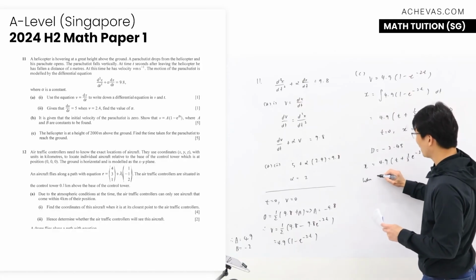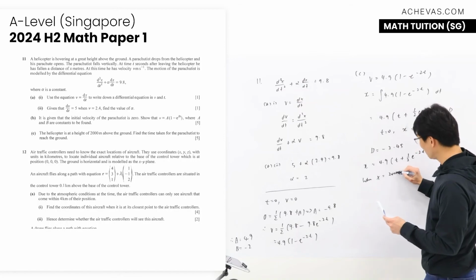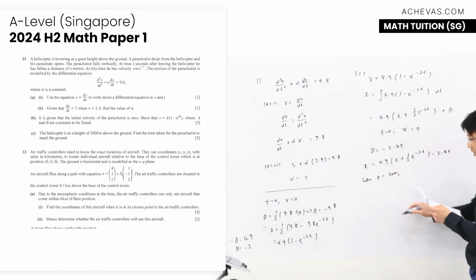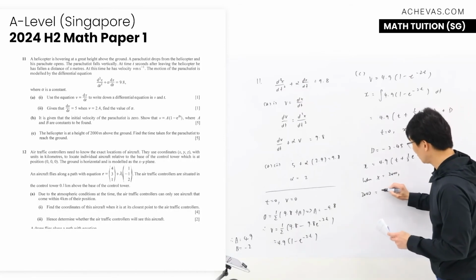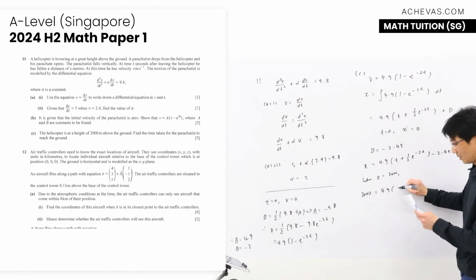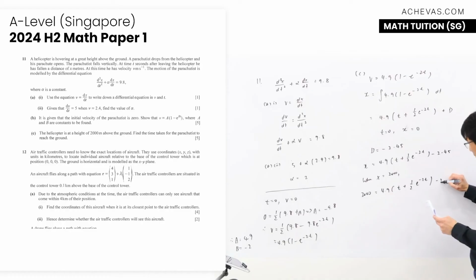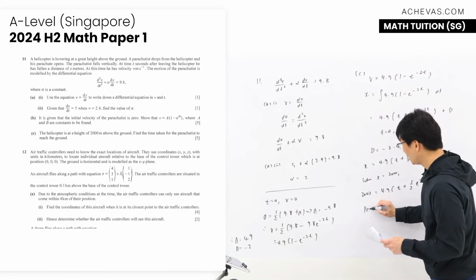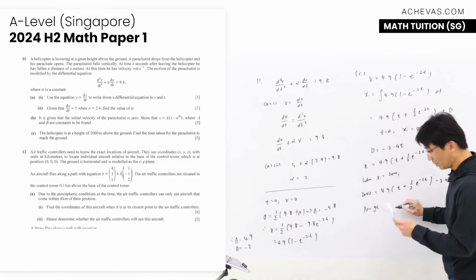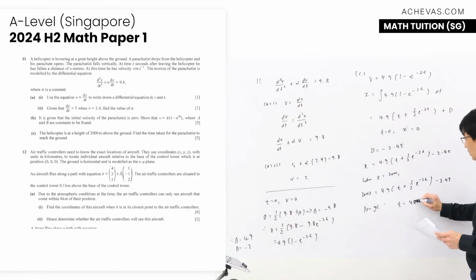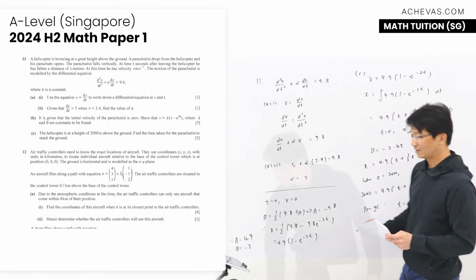And given that when x equal to 2000, I'll just sub into this expression here. 2000 equal to 4.9 t plus half e to the power minus 2t minus 2.45. And from here, I can just simply use my GC. I should be able to solve that t equal to 409 seconds.